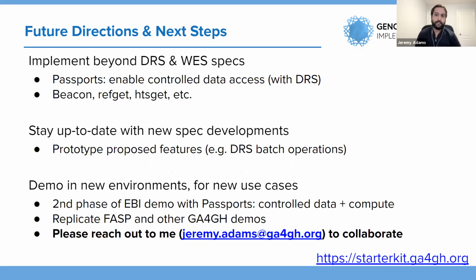Even if this is just a very simplified, scaled down demo or a temporary solution, the starter kit can help serve as a transitional on-ramp as an organization develops more sophisticated implementations that are tailored towards their use cases and infrastructure. We've conceived of a second phase to the EBI CNES demo that I mentioned, involving passports, which would essentially allow people acting as users to gain access to a first controlled data set and then run the DRS and WES execution demo.